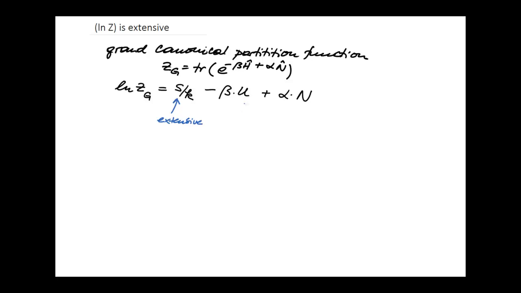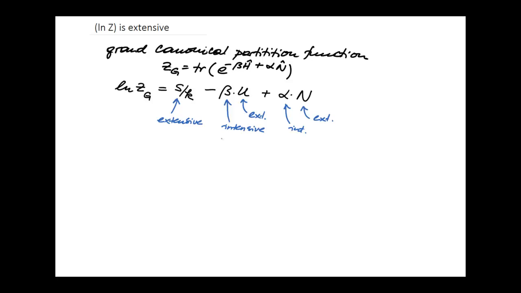The internal energy is also extensive, and the particle number is extensive. The inverse temperature, in contrast, is intensive, and so is the Lagrange parameter conjugate to the particle number, alpha. This alpha is also intensive, by the same logic as for the beta.